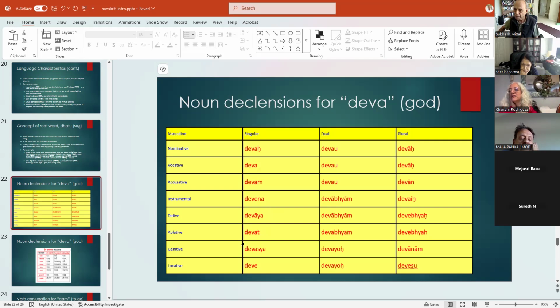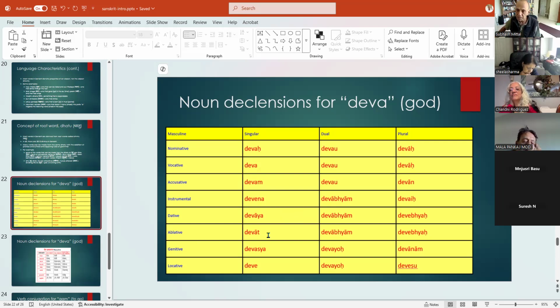Gayami means to sing. Devaya, for somebody. Or aham Mandiraya Dhanam Dadami. For the temple, I am giving wealth or money. Dadami is to give. I'm just giving simple examples. So this is for something.